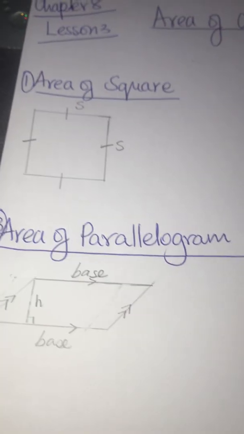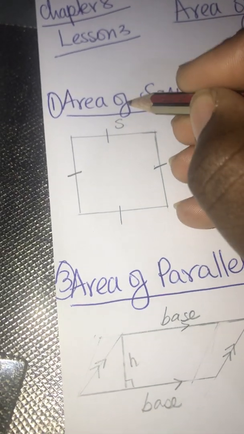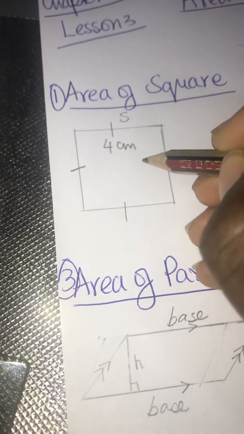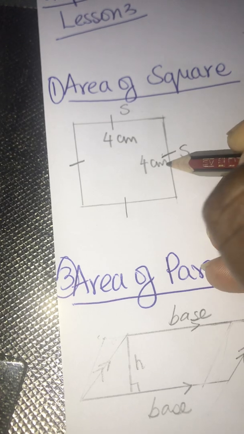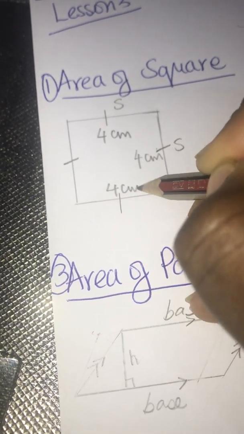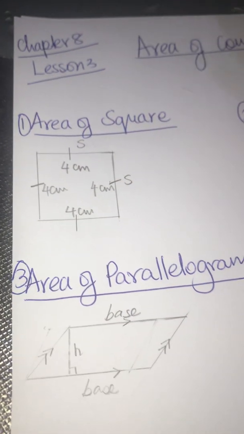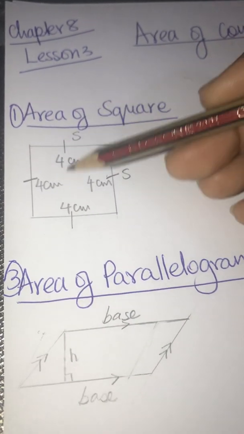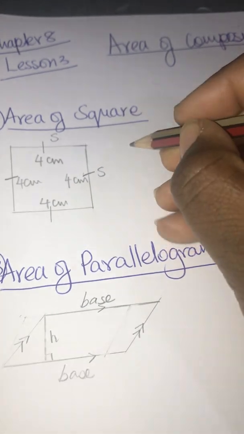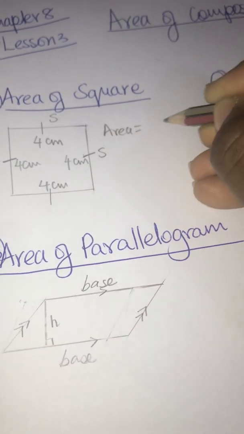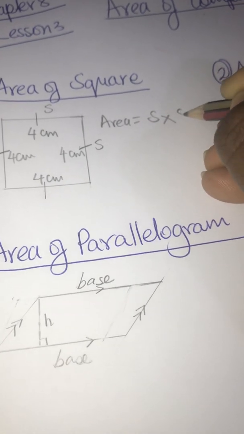So now, if they say this square has a side of 4 centimeters, I will write 4 centimeters there, 4 centimeters there, 4 centimeters here, and 4 centimeters there, because the question said. And then the question said, find the area of the square. So I will write area equals side times side.